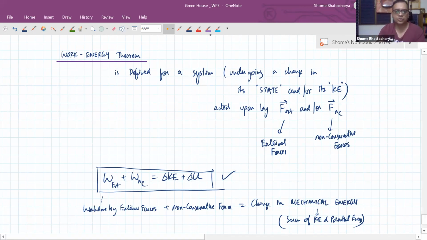Also, we generally denote the mechanical energy with the symbol E, and that is the sum of kinetic energy plus potential energy. Or you can say that the change in mechanical energy is equal to the change in kinetic energy plus the change in potential energy.